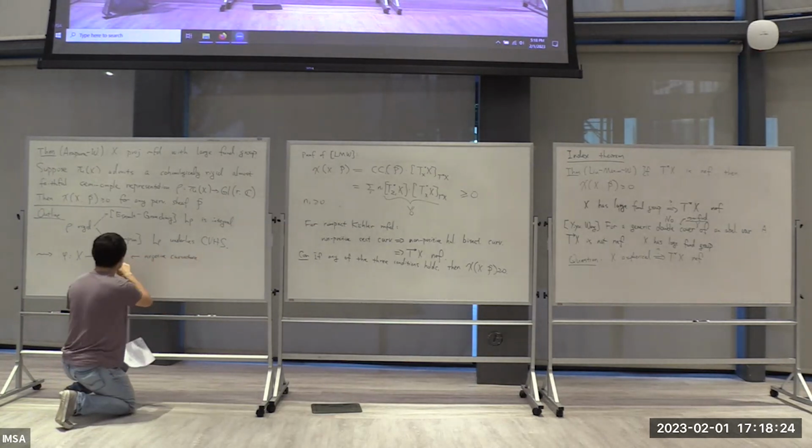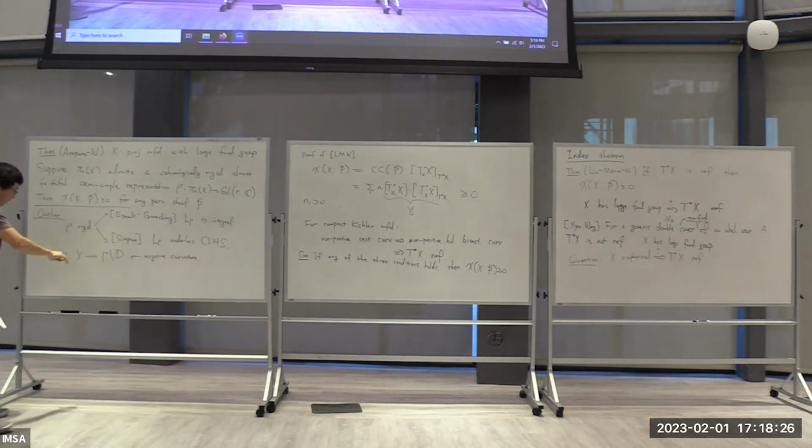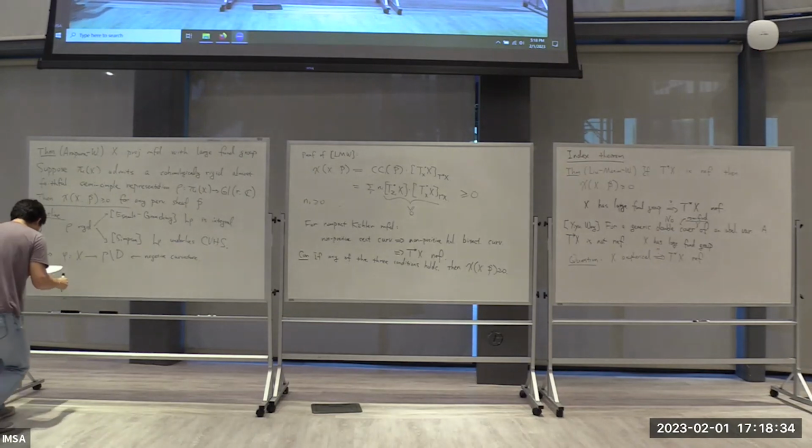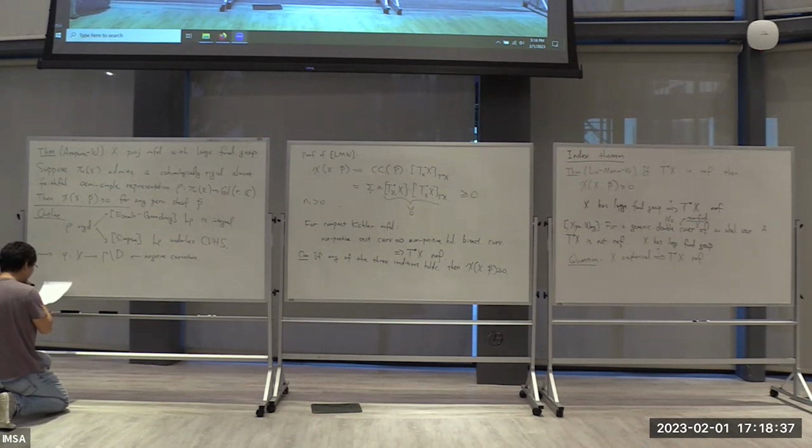So at least on the horizontal sections, along the image of this map, it is negatively curved. And we also know that the map is finite because X has a large fundamental group.